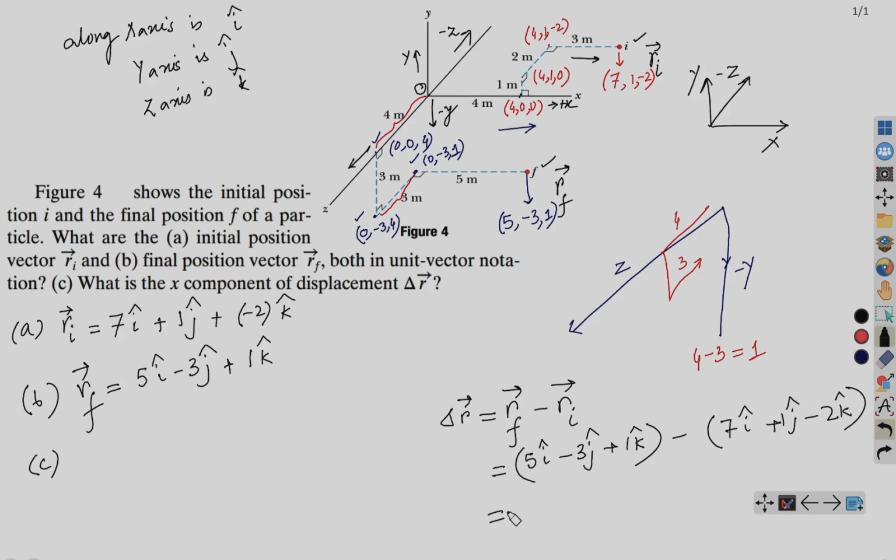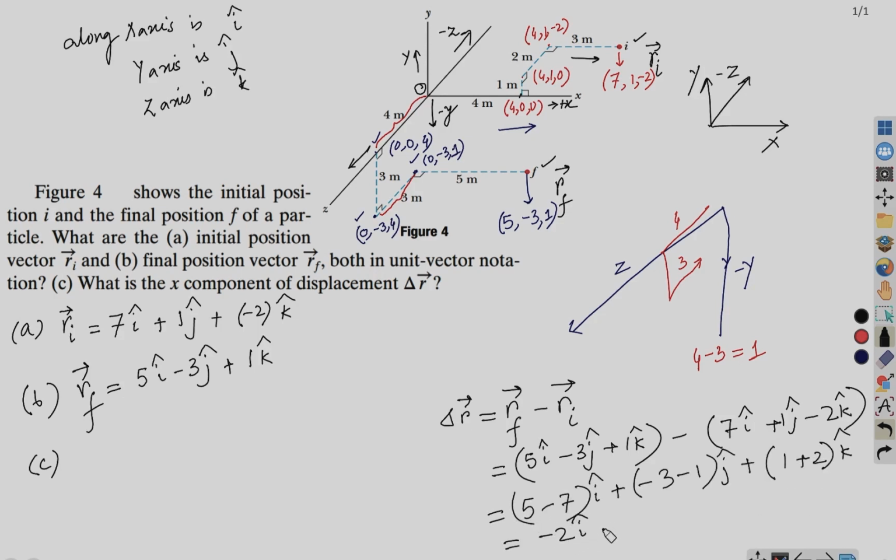Now if we subtract this, we obtain minus 2 i cap minus 4 j cap plus 3 k cap.